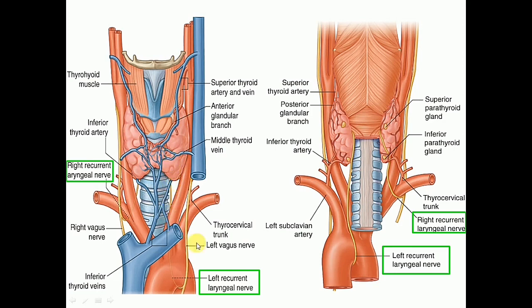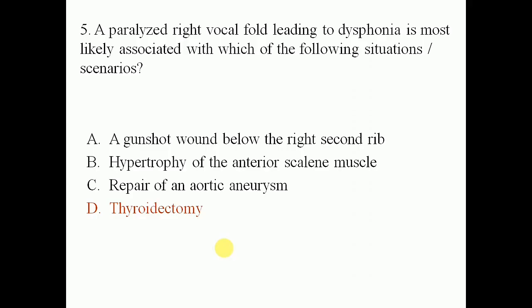So out of the four options, the repair of aortic aneurysm is not the answer, because the arch of aorta is related with left recurrent laryngeal nerve, and that is not the nerve which is injured in this case. Also, hypertrophy of the anterior scalene is not related to recurrent laryngeal nerve, so that is also not the correct answer.